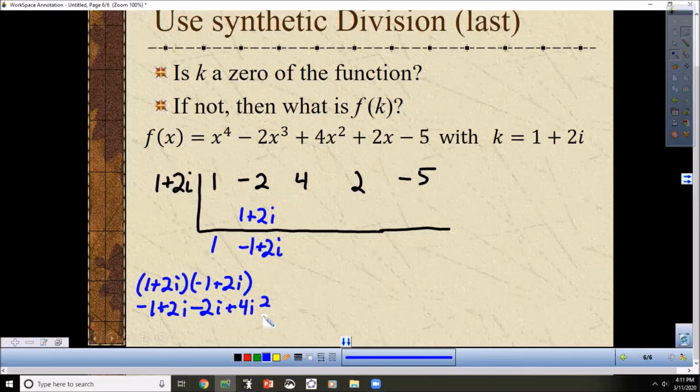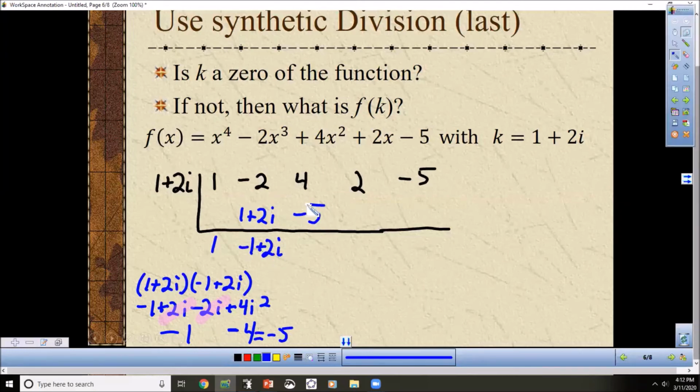And remember our concept of that imaginary number, i is the square root of -1, so i squared is -1. So that's 4 times -1. That last term is a -4. These middle terms cancel, and in front of that I have a -1. -1 minus 4 is -5.